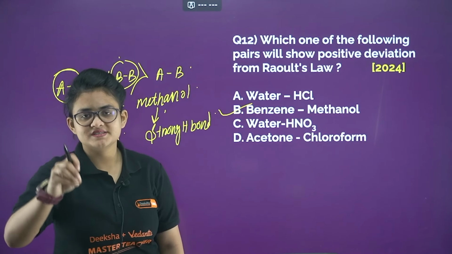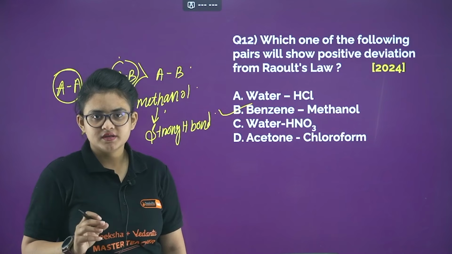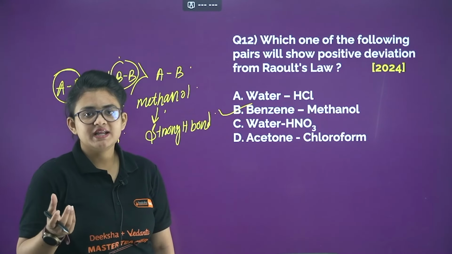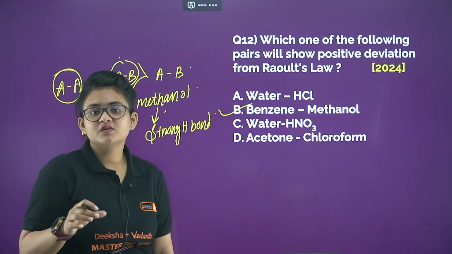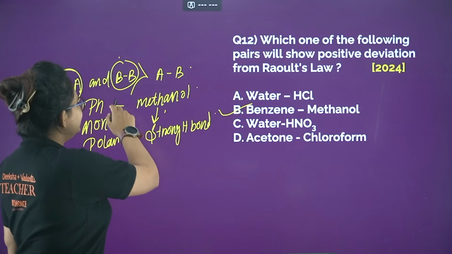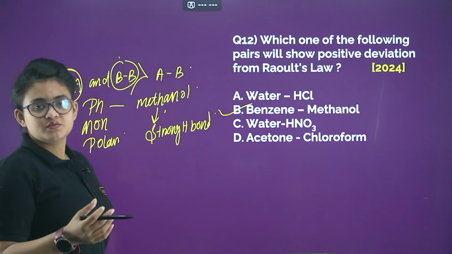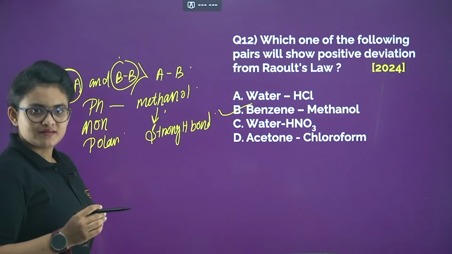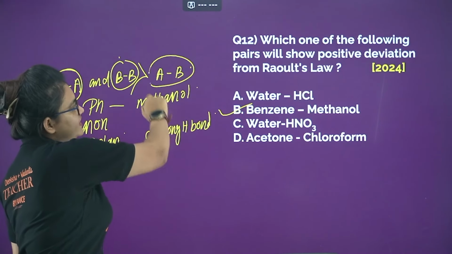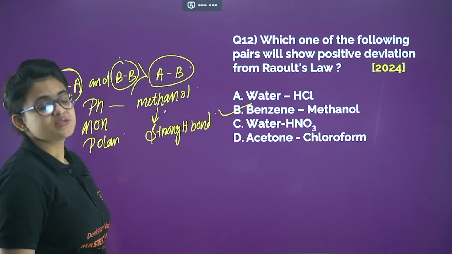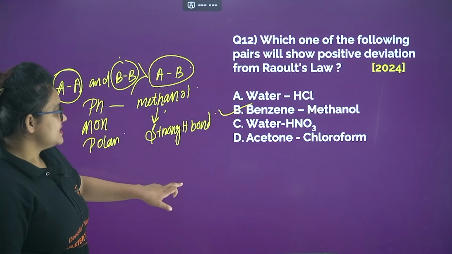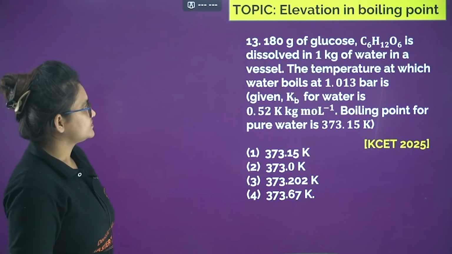Whenever some amount of benzene is added in between the methanol, the hydrogen bonding will get disrupted, right? So the A interaction or B interaction will be broken. As a result, the AB interaction will be more and it will show positive deviation. Okay, I guess you understood this. Let's proceed to the next one.